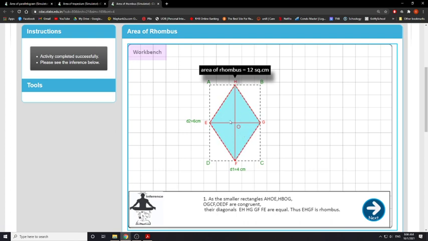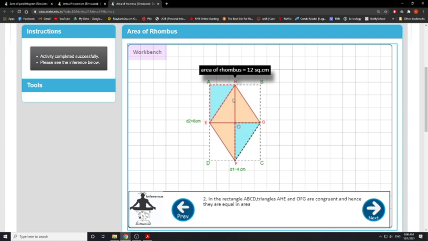Similarly for kite, you can just push it in like this, and then you get your formula, which is the half. So you see in this one, AEH and OGF are congruent, meaning they have the same area. So therefore, the total area is actually just half of it.